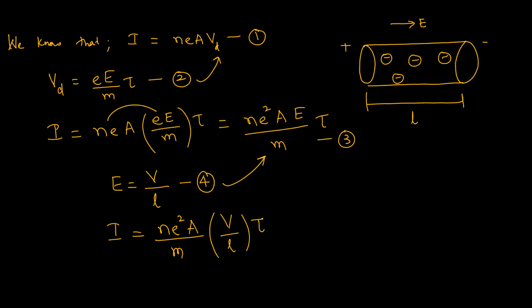Now, I will leave this V this side and take all other parameters to the other side. So can I say that V is equal to m into L divided by n e square A into tau, the whole thing multiplied with I.